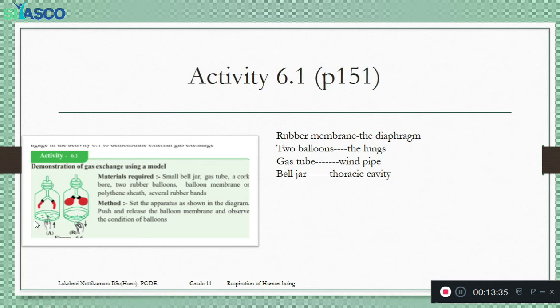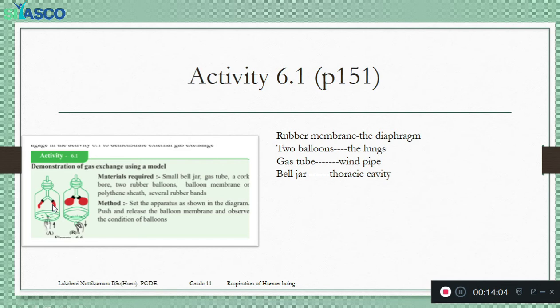So now here, using a bell jar, the underneath is covered with a balloon membrane, and using this white tube, two balloons are fixed. Now you can see when we push down this, if you push it up, what will happen here? You can understand the volume decreases, then the pressure increases.